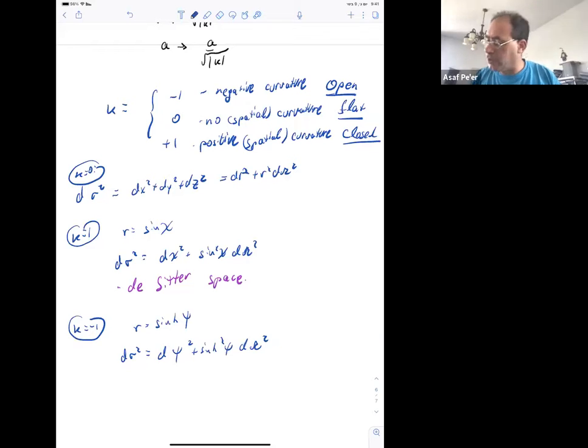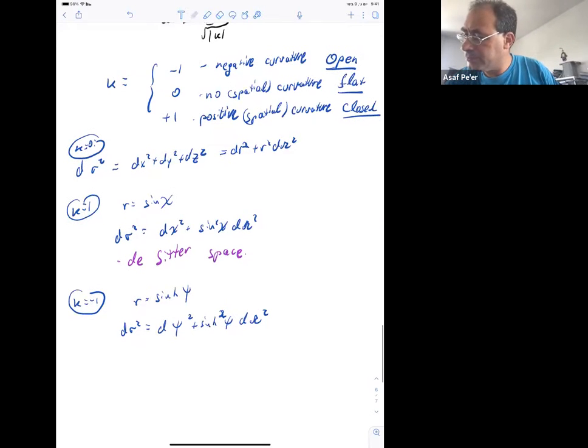And that, of course, corresponds to some three-dimensional saddle. The idea is that any two parallel lines will just diverge and get away from each other forever. And that's called the anti-de Sitter space, for obvious reasons.